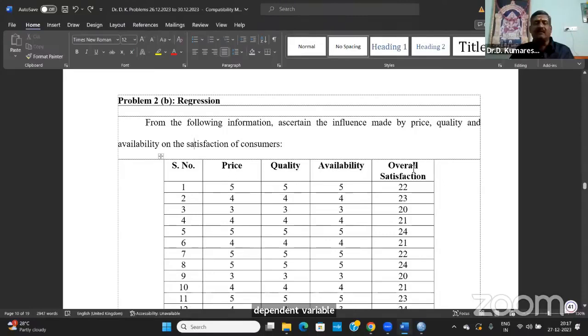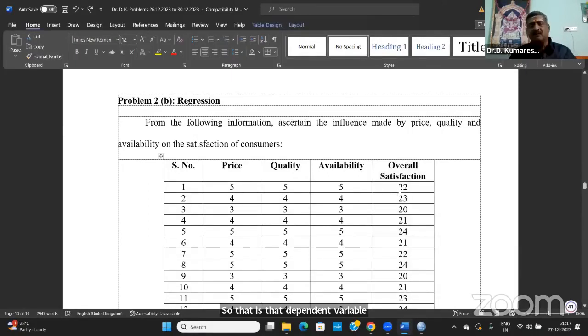So satisfaction is arrived at by giving a number of items. For example, satisfaction on service, satisfaction on performance, satisfaction on durability. Like that, some items are given and we have obtained the overall satisfaction score. So that is the dependent variable.